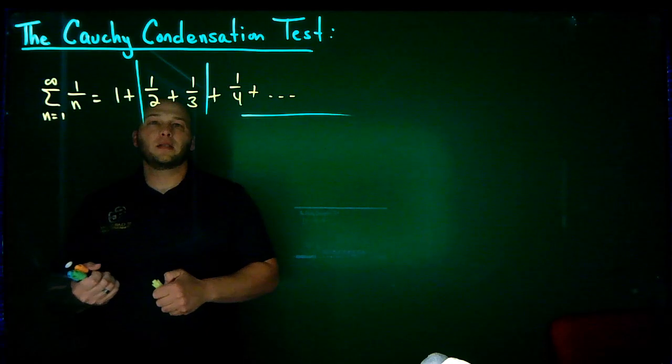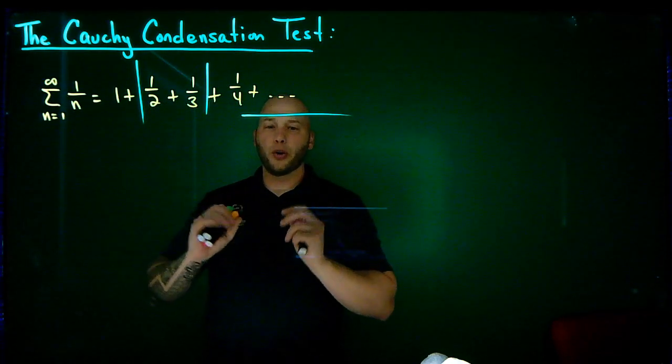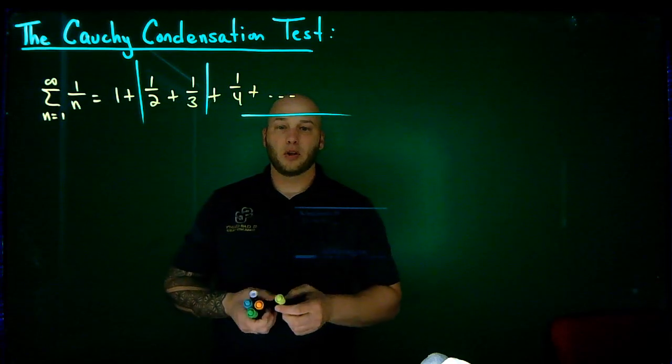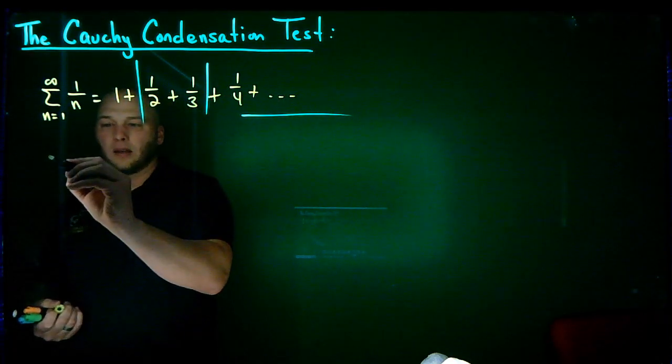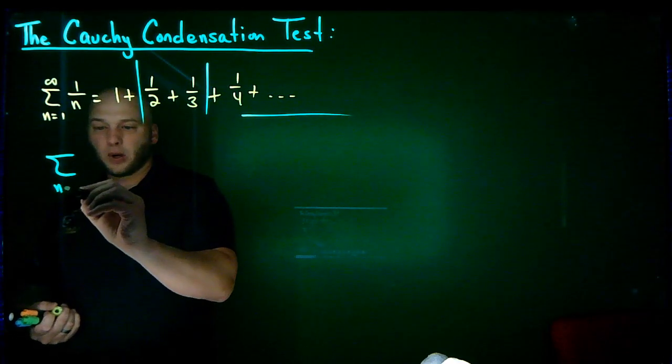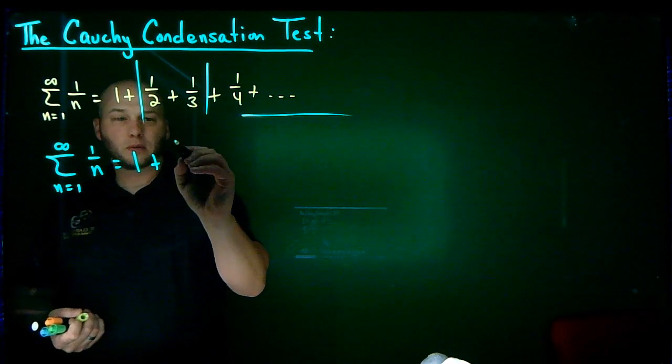But the idea is that there are different ways that I can extract a portion of a series and determine its convergence or divergence. Once again, for illustration purposes, let me look at the harmonic series and write out a few more terms.